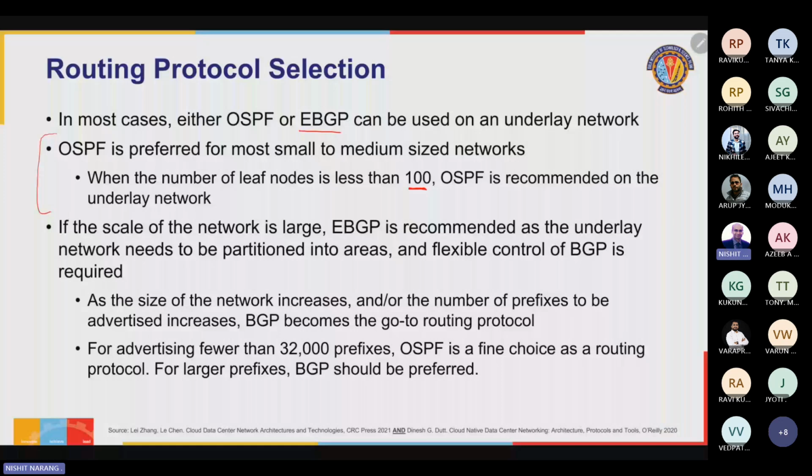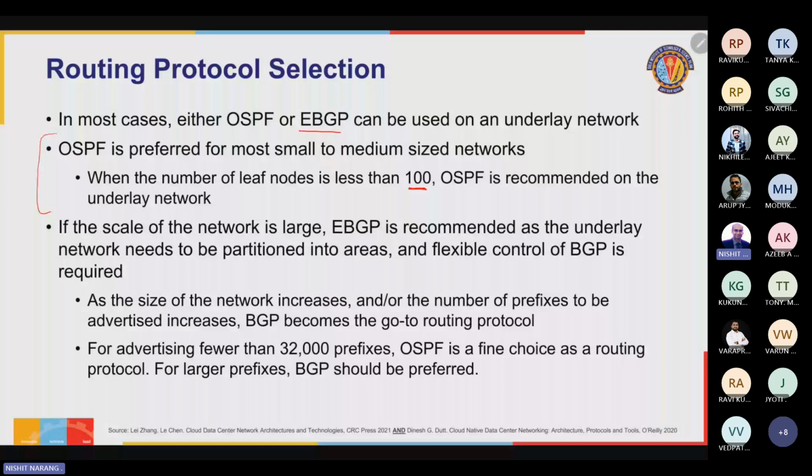Right? But if the number of leaf nodes goes beyond that, an order of magnitude more than 100, then it's preferable to use BGP, because we saw that when the network size grows, OSPF will take longer to converge. The information exchange that happens in OSPF because of the broadcast of link state advertisements will become a very big overhead.